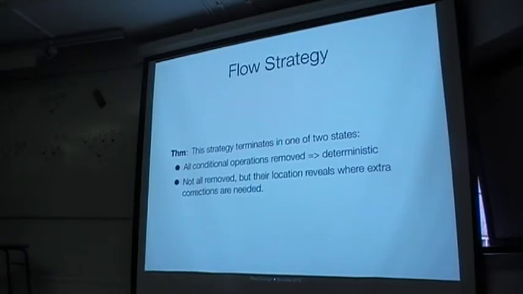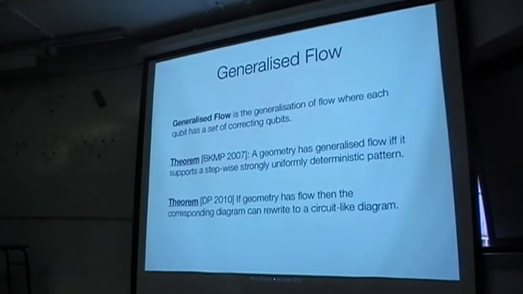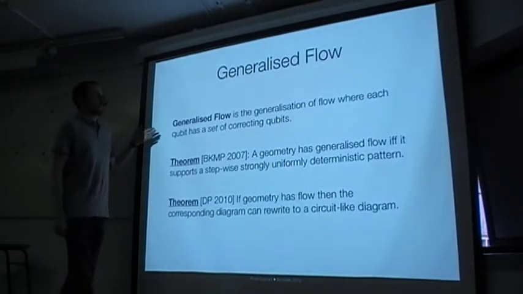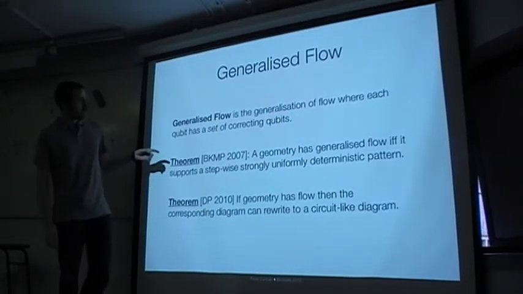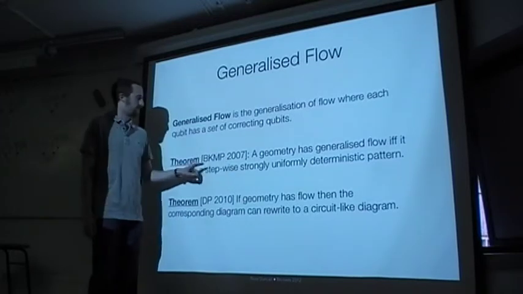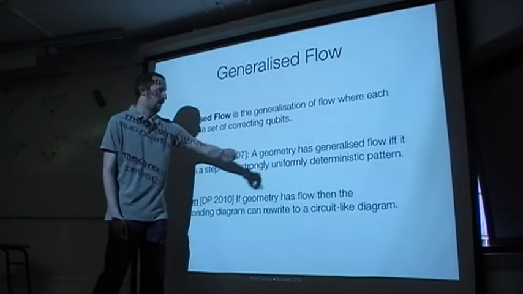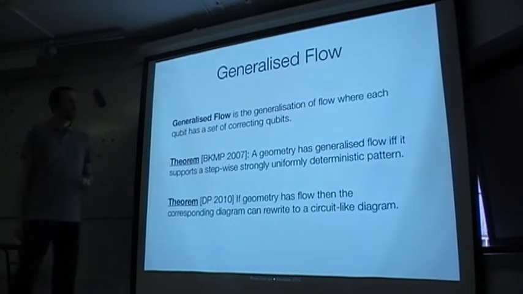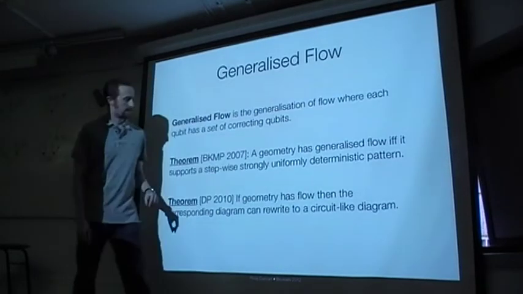Okay, I'm running a bit short of time, so I'm not going to go into the G-flow strategy in great detail. But here is the idea. So the generalized flow is, instead of having one correcting qubit, you have a set of correcting qubits. And the theorem of Browne, Kashefi, Mhalla, and Perdrix says that the geometry has a generalized flow if and only if it has a stepwise, strongly uniformly deterministic pattern.